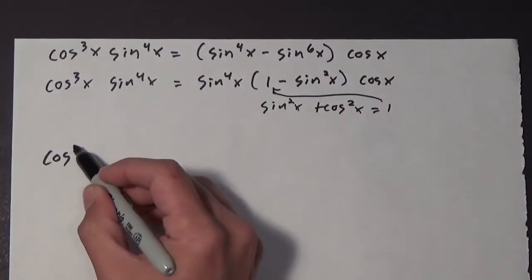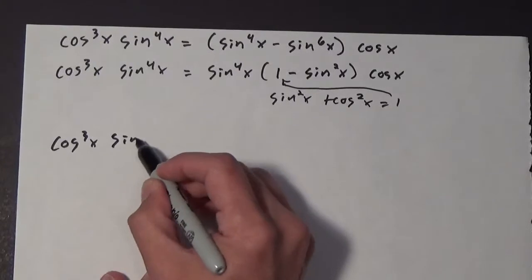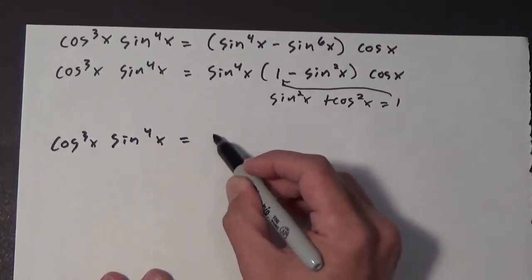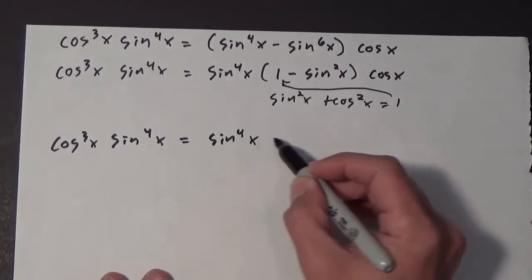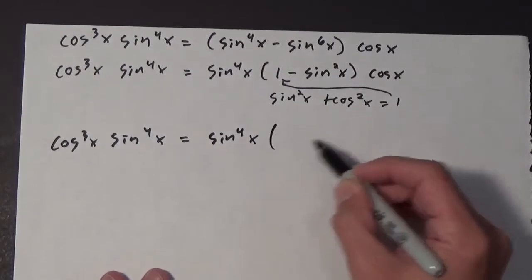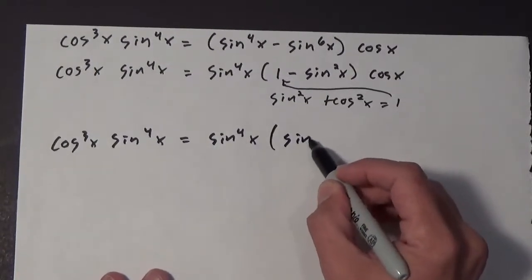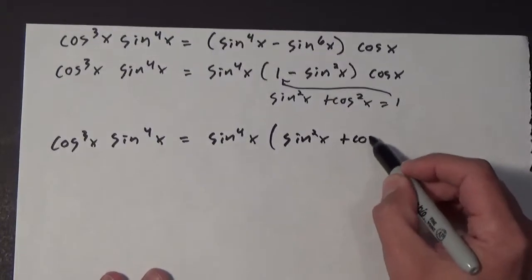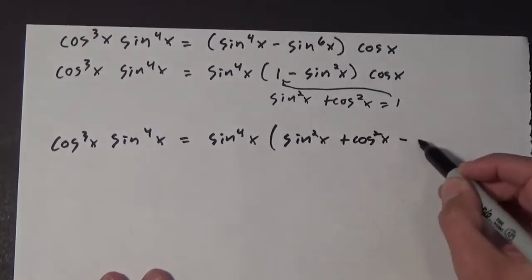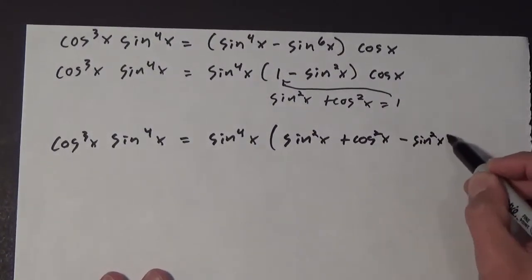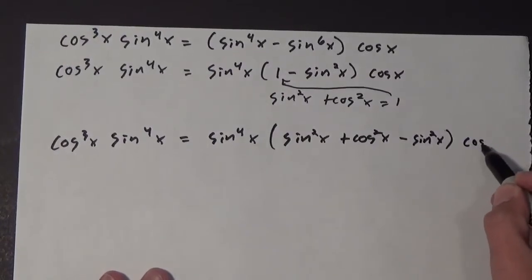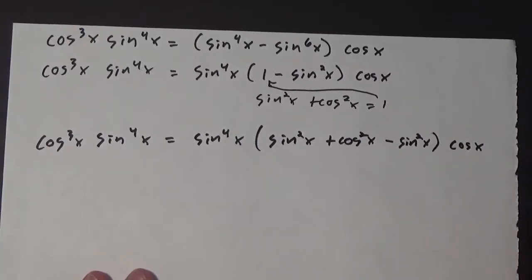So we have the cosine cubed of x times the sine to the fourth of x equals the sine to the fourth of x times the sine squared of x plus the cosine squared of x minus the sine squared of x. And then this is all being multiplied by the cosine of x.